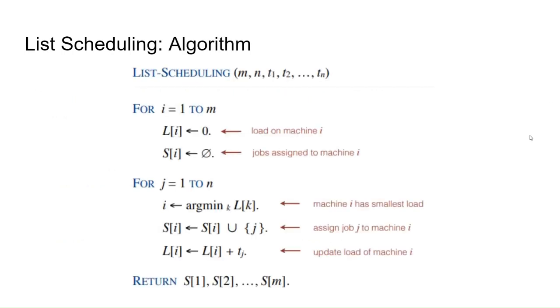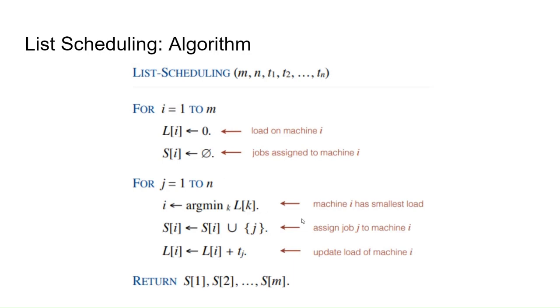Here's the pseudocode for implementing list scheduling. First it takes the parameters m machines and n jobs and then the processing times for each job. In the first loop, each machine is initialized to not have a load or any jobs yet. In the second loop, we check which machine has the smallest load before assigning the current job j to machine i.